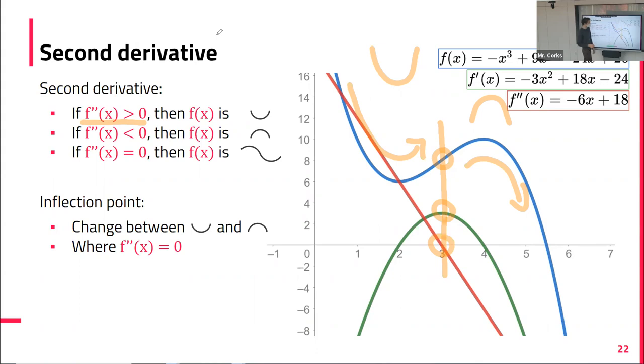The y values are positive. All the areas where the blue one is curving down, the second derivative is negative for that whole interval. And when it is exactly 0, that's where we have this inflection point, this changeover between the two. So that's our fancy new term here. Inflection point just means where we change between curving up to curving down or curving down to curving up, either direction.